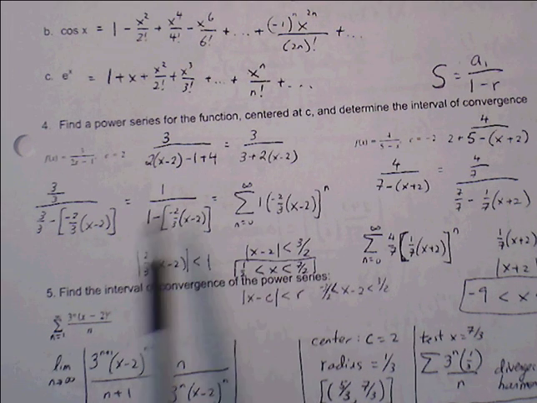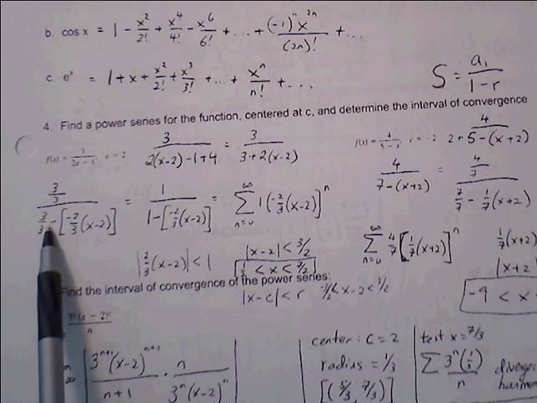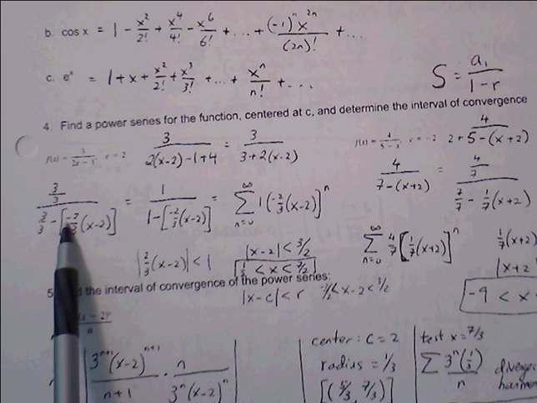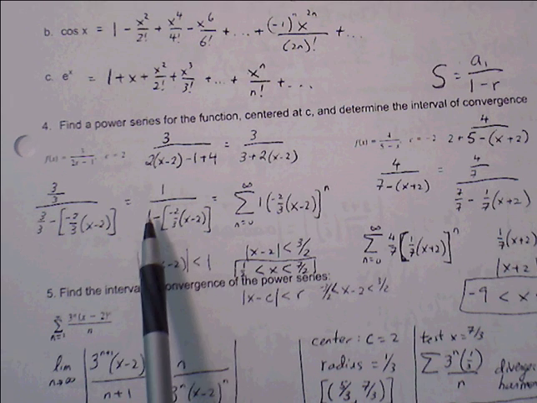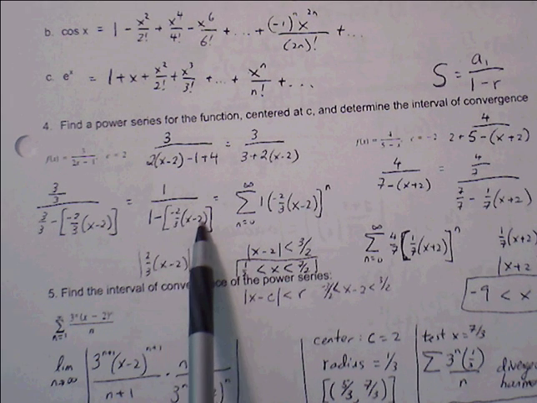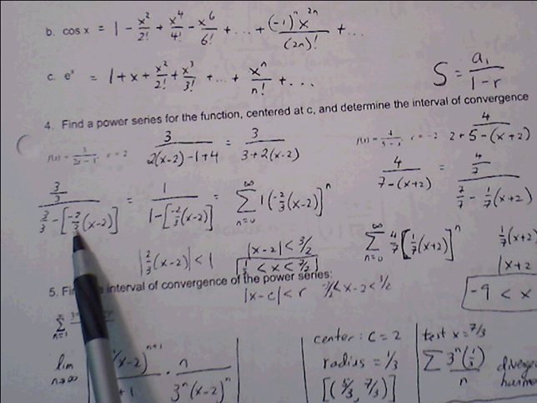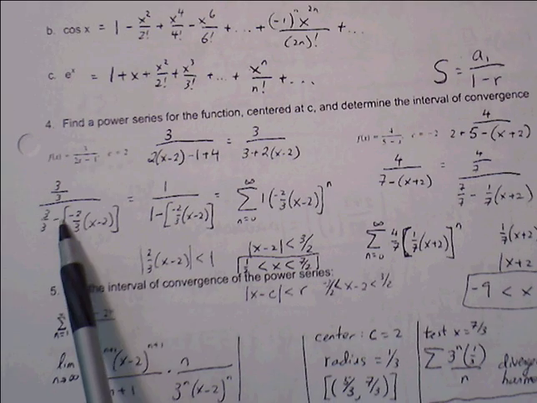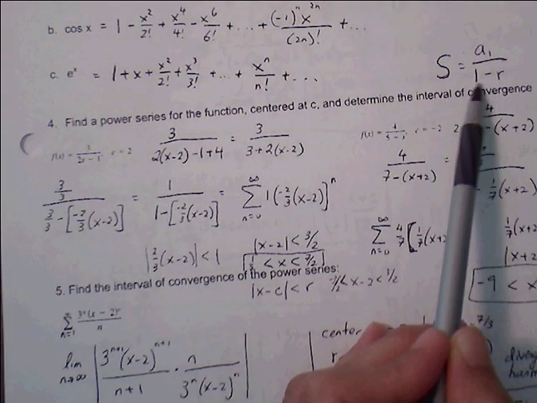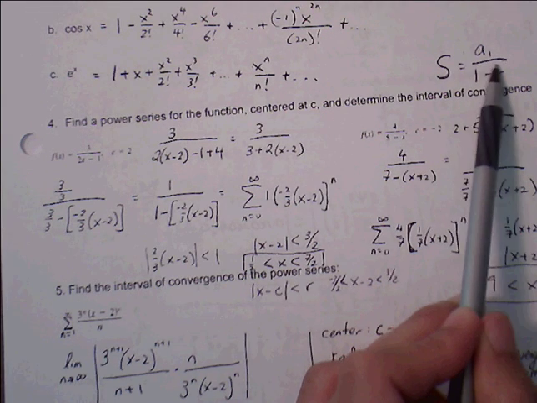But if I want to create a minus sign, I have to maintain balance with a negative somewhere else. So I'm going to make this 1 minus a negative 2/3 times x minus 2. So we divided every term by 3, and then we also made this a double negative to make this form match, so we can pull a sub 1 and r correctly.